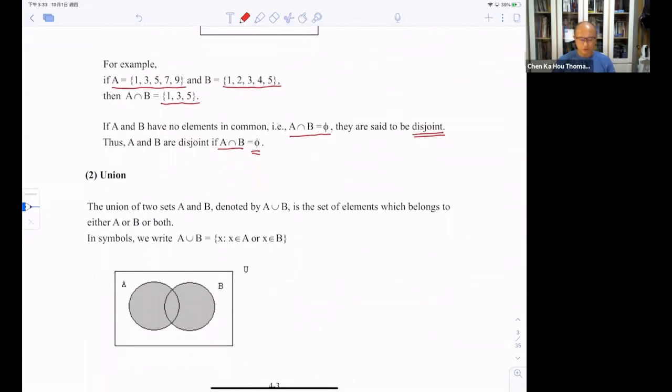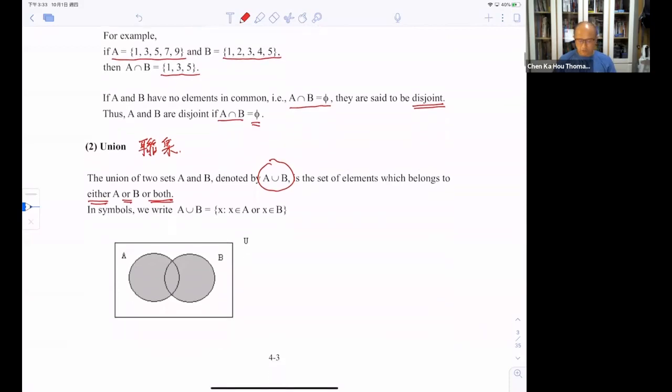The second one is union. Union 咧就叫做聯集啦。The union of two sets A and B, denoted by this one, is the set of elements which belong to either A or B or both.